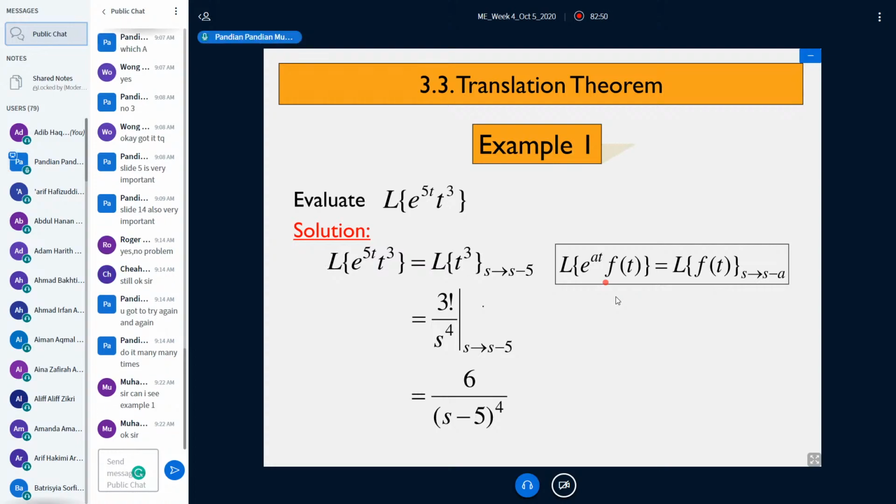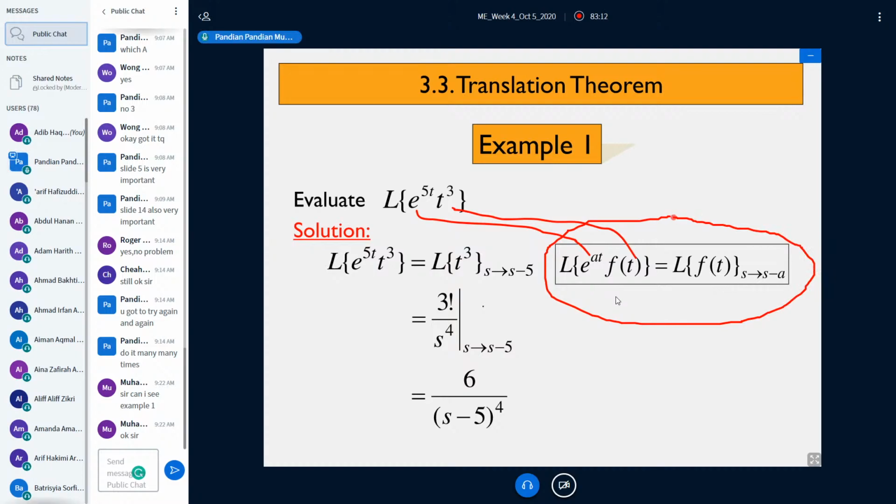What is the question? Example 1, e^(5t), so your a is 5, your f(t) is t^3. Now, according to the translation theorem, you must use this, class.